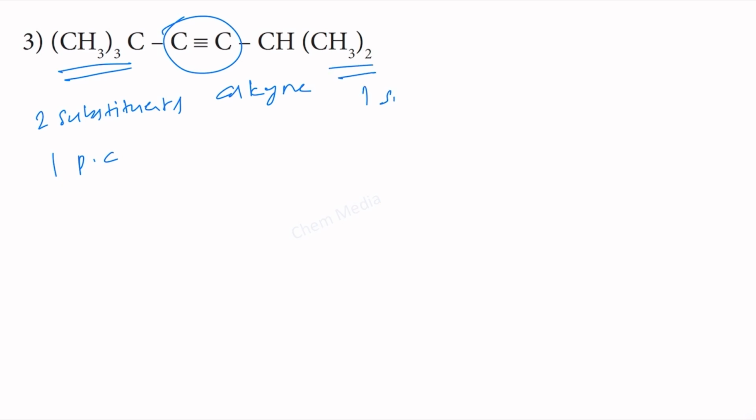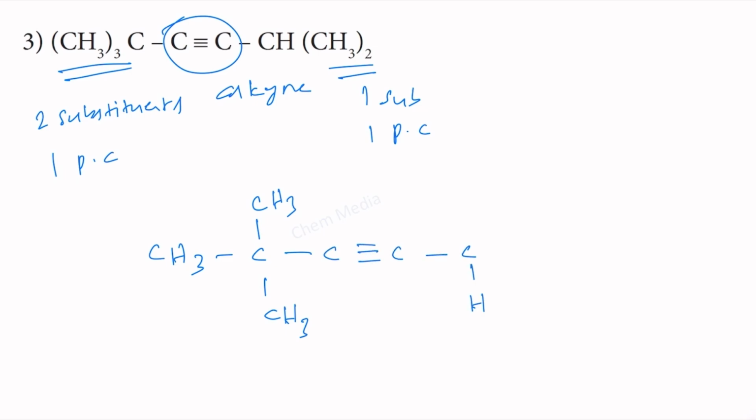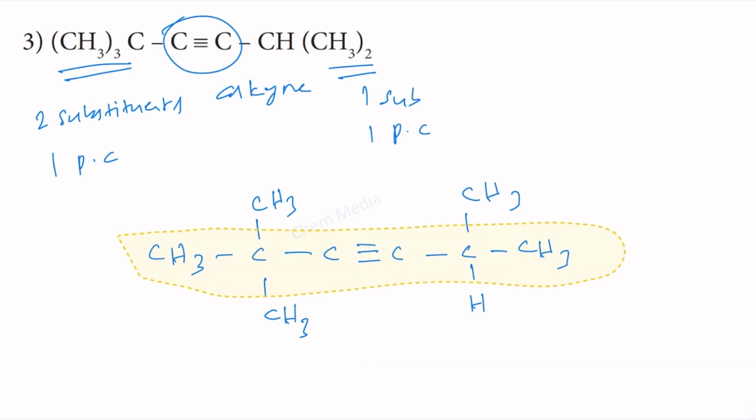That means 1 will become substituent and 1 will become part of the parent chain, and therefore let us expand and write this: CH3, C, CH3, CH3 and then C, triple bond C, CH, CH3, CH3. Therefore, here our parent chain is this one, and that has 6 carbon atoms.